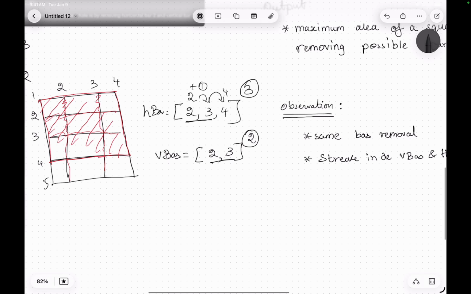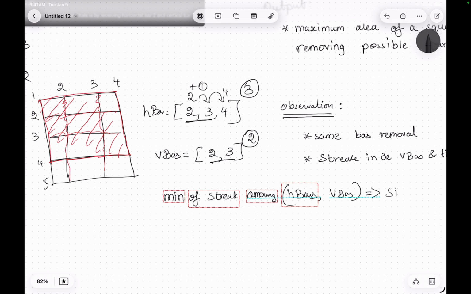The area is 2 here, and from this we can come to a conclusion that minimum of streak among h bars and v bars, right? We will be getting a side.